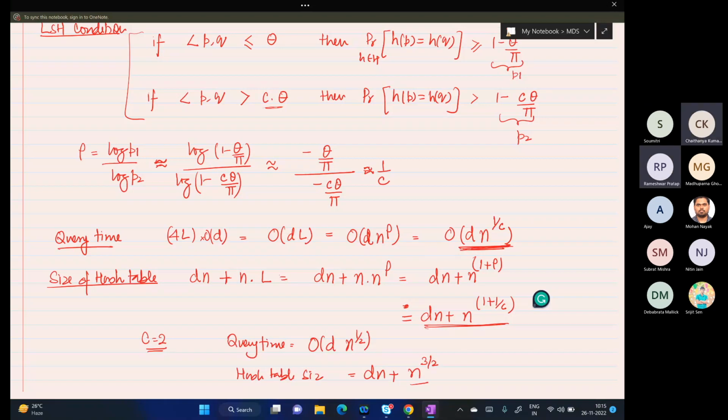Sir, one question related to the space. We are storing more than n items, right? Yes. Is that efficient?